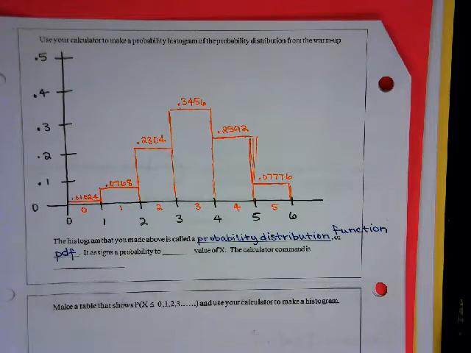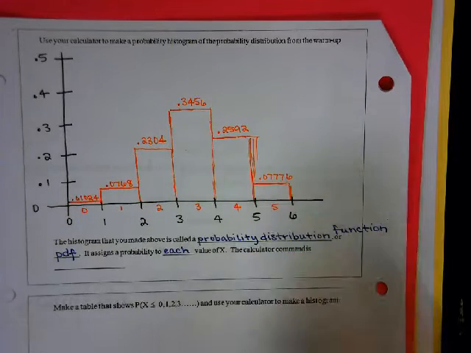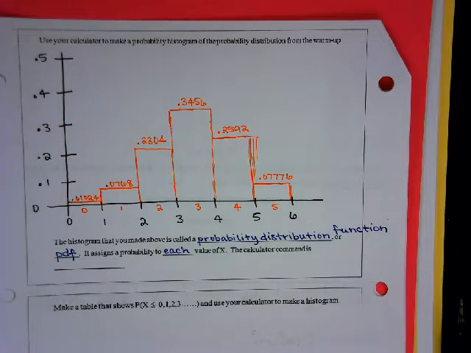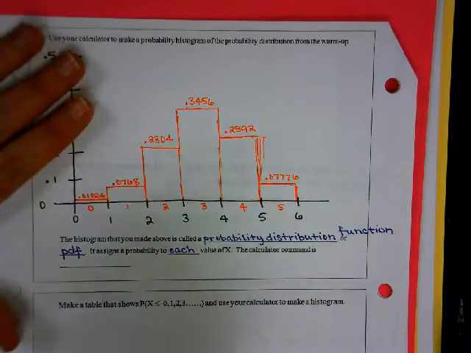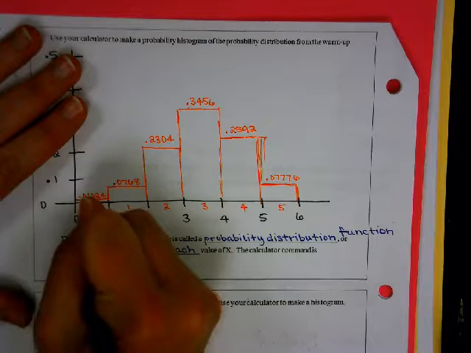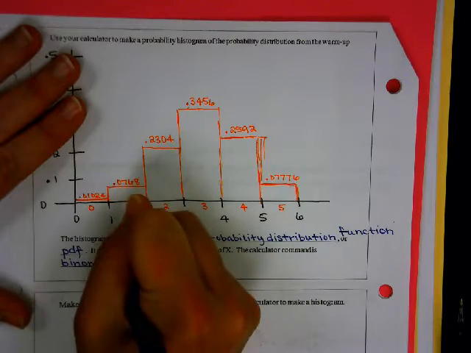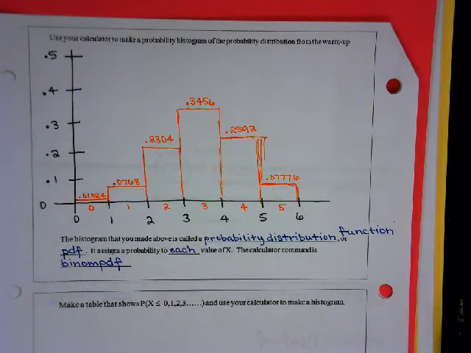What a PDF does is it assigns a probability to each value of x. And we, of course, have a calculator function for it. Because we're working with binomial variables, our calculator function is binomial PDF, and that'll tell us the probability for a certain x value.